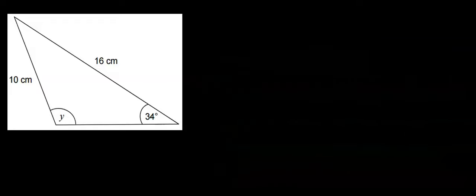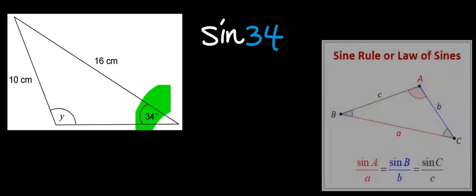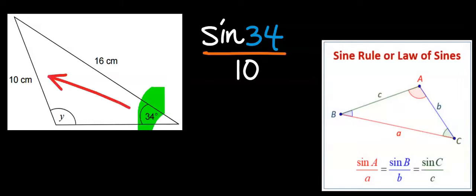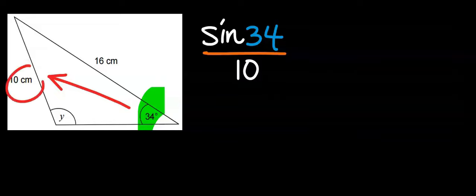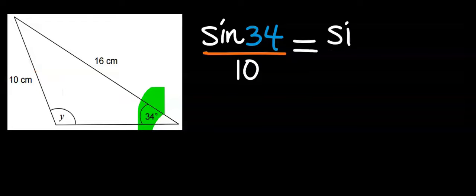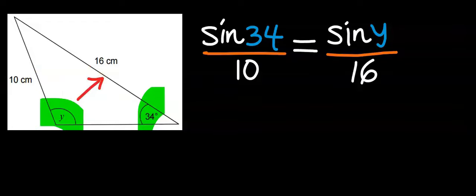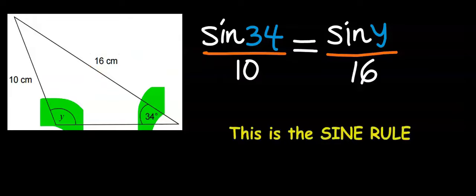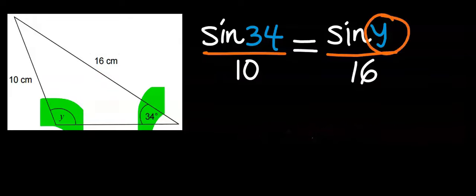In such a case, we're going to have sine of one of the known angles divided by the side that the angle is facing. Here it is 10. This is sine of the other angle divided by the facing length of the considered angle. Next, we are going to simplify to make y the subject.